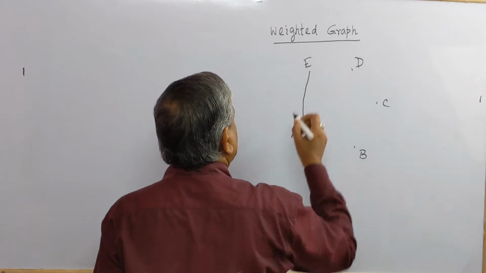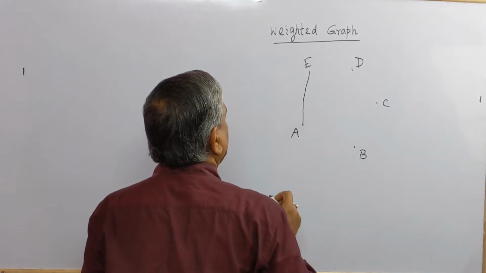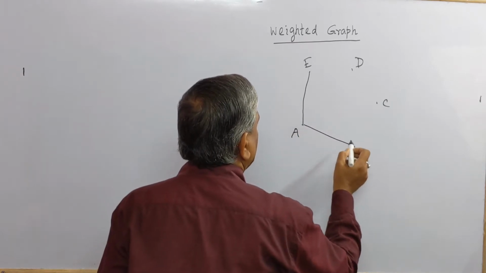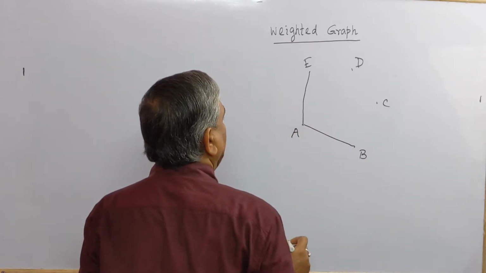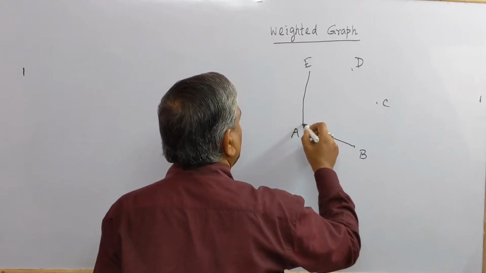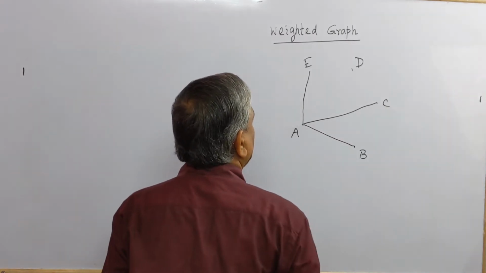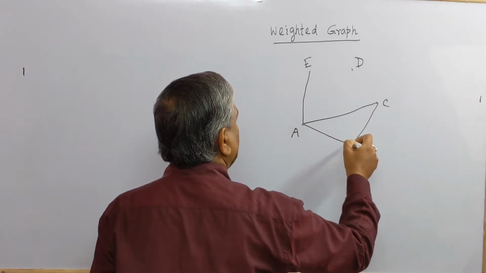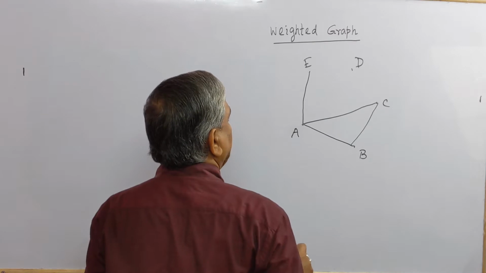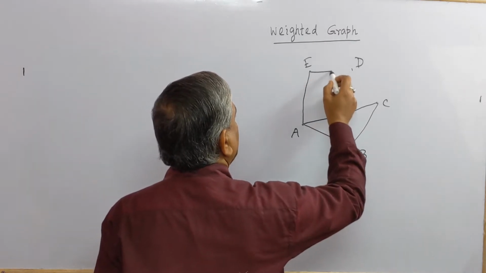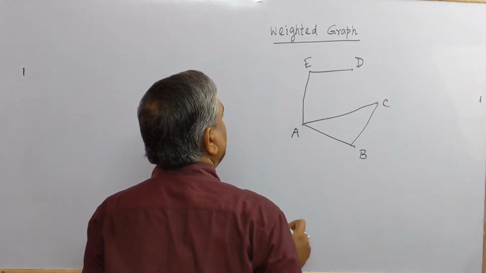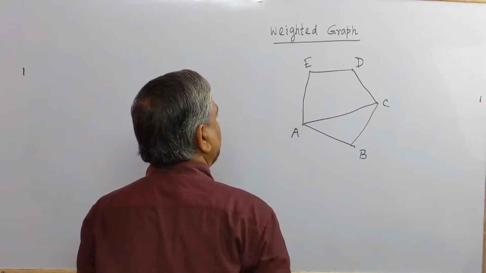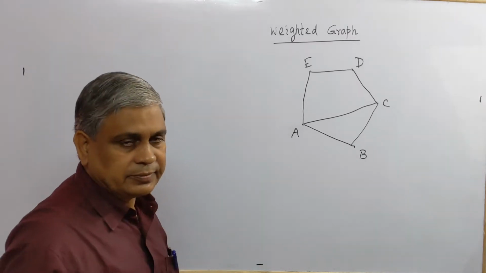AE be the connecting road between A and E. Similarly, AB be the connecting road between A and B, AC be the connecting road between A and C, BC be the connecting road between B and C, ED be the connecting road between E and D, and DC be the connecting road between D and C.